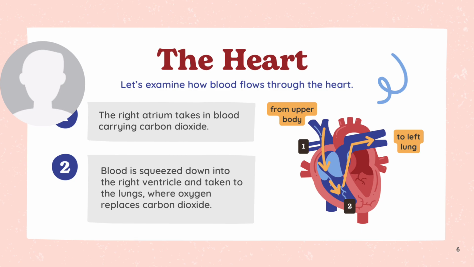Next, we have how blood flows through the heart. From the upper body to the lungs, the right atrium takes in blood carrying carbon dioxide.